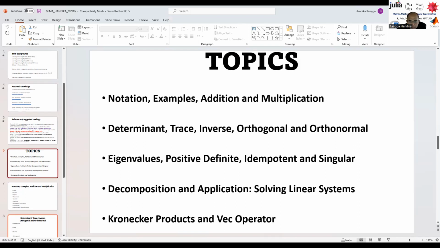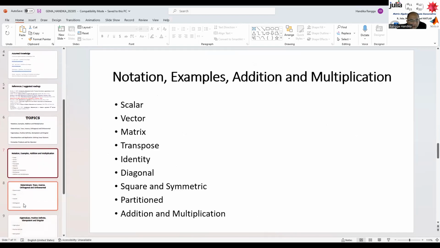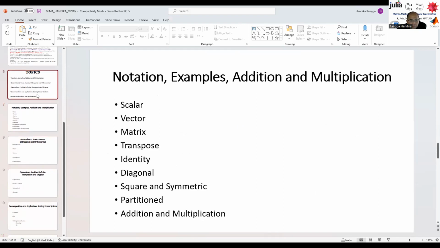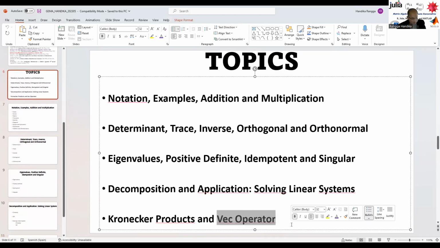The third part will discuss eigenvalues, positive definite, independence, and singularity. The fourth part, decomposition and application to solving linear systems. And the last part is the Kronecker product and its properties.